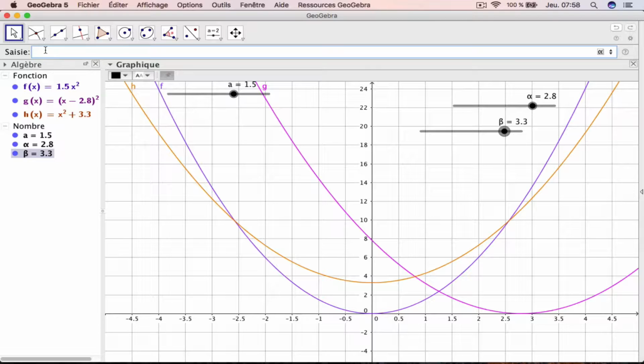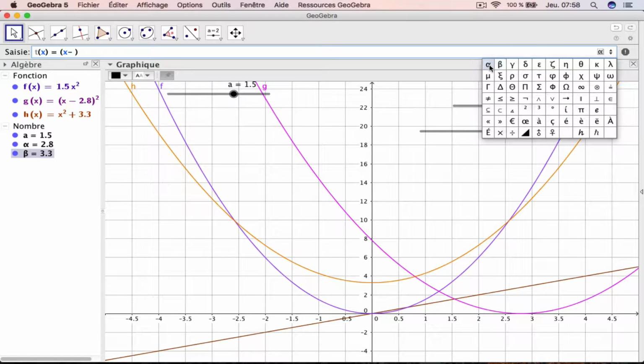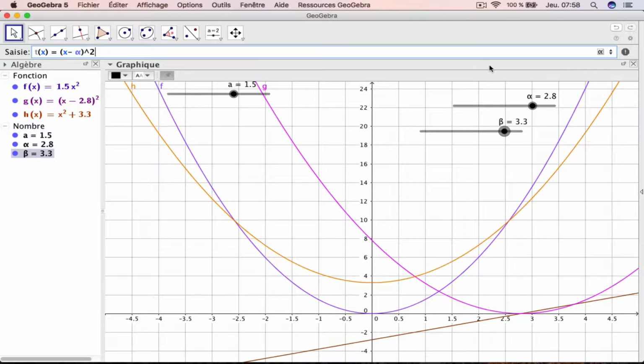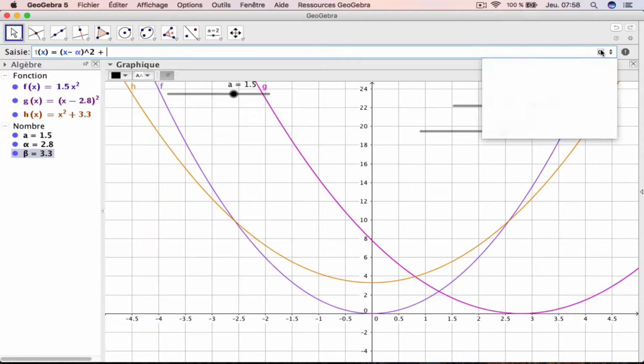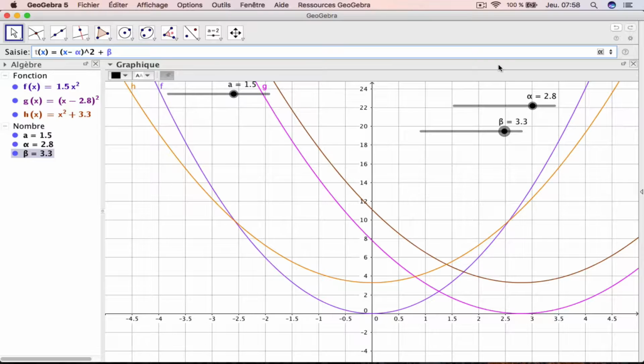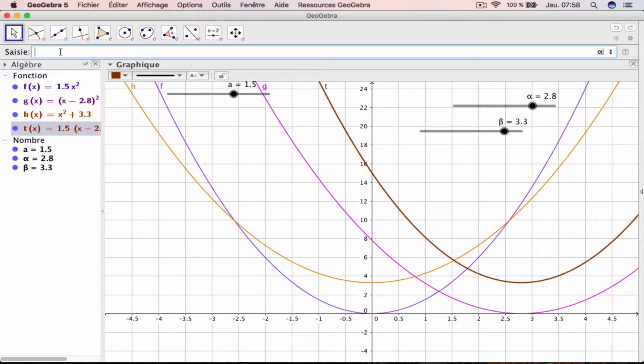Let's call it t of x equals x minus alpha to the square plus beta. And let's multiply this by a.